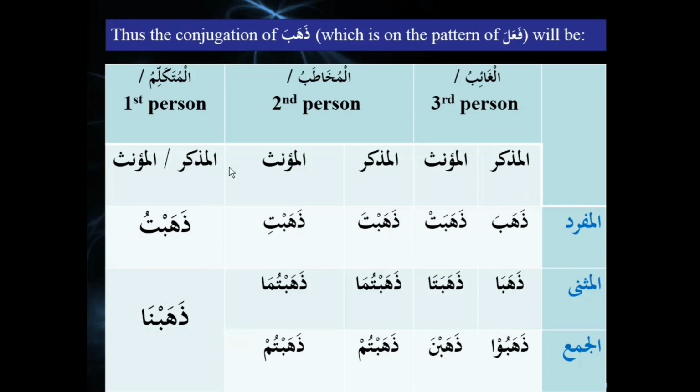Thus the conjugation of zahaba, which is on the pattern of fa'ala, having fatha on the second radical, that is ain, will be zahaba, zahaba, zahabu, zahabat, zahabata, zahabna, same as that of fa'ala.